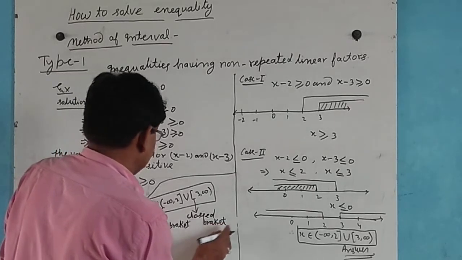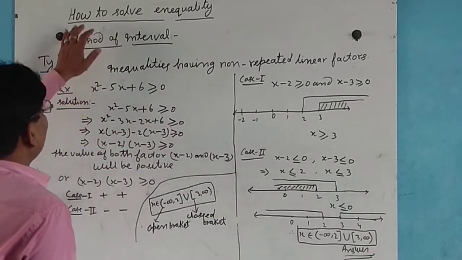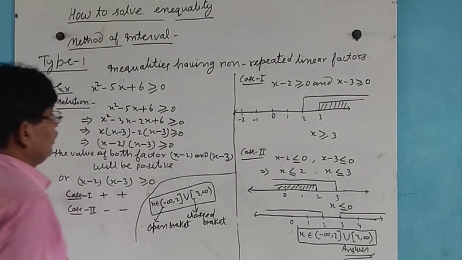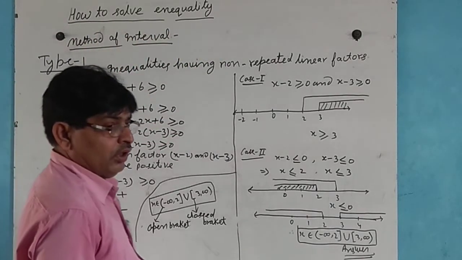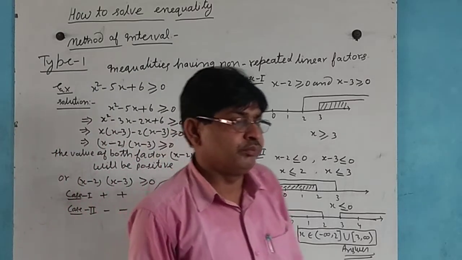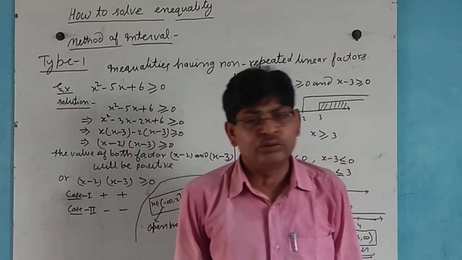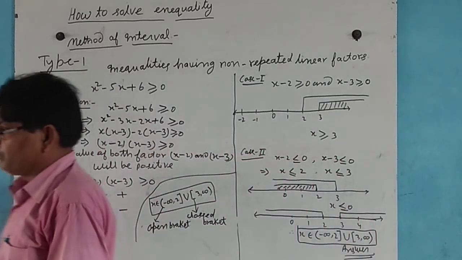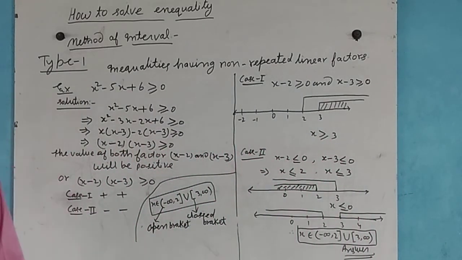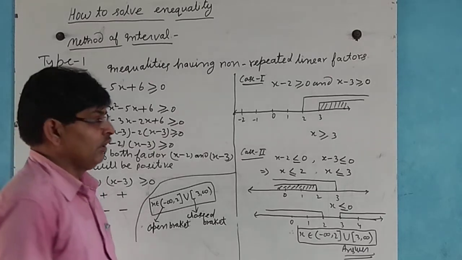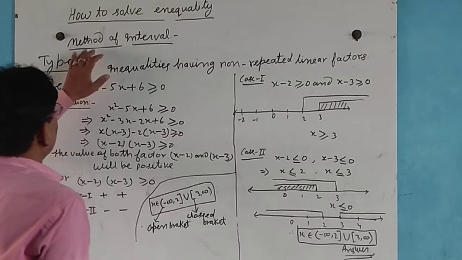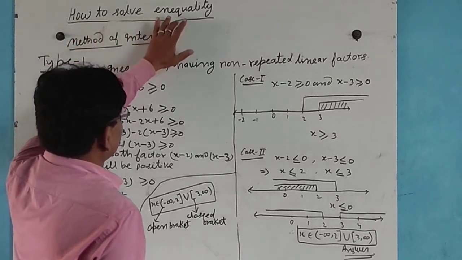Now, how to solve an inequality? Inequality means we have to solve, as in the study of equations equal to 0 or something, but here, how to solve an inequality?